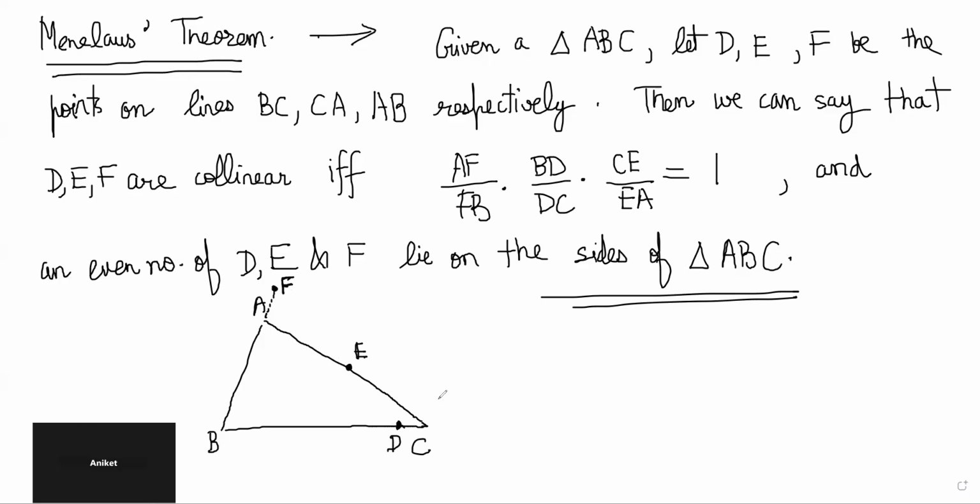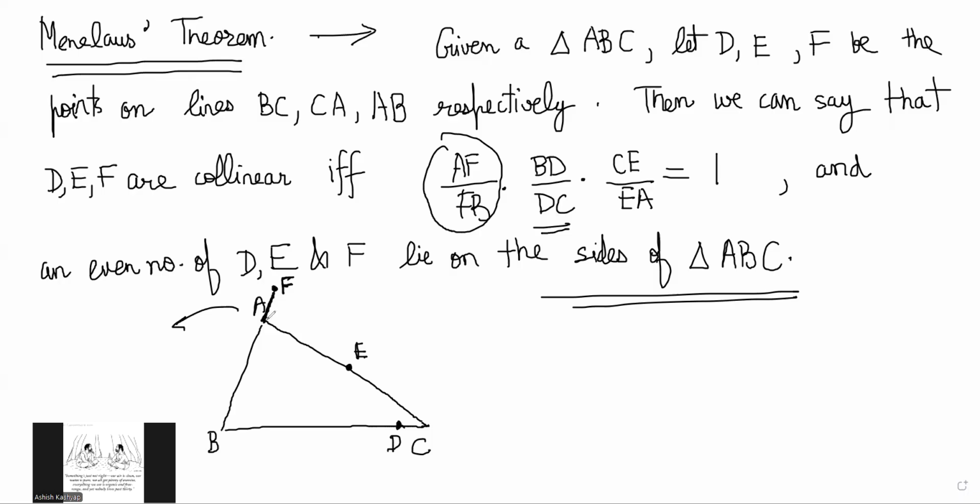Yes, sir. Now, the condition for it to be collinear is, again, AF by FB. Notice this is slightly weird. AF by FB, BD by DC, and CE by EA. So here F is outside the triangle, but you are doing AF by FB.